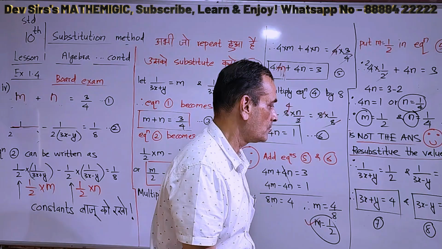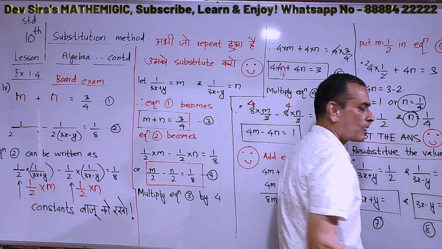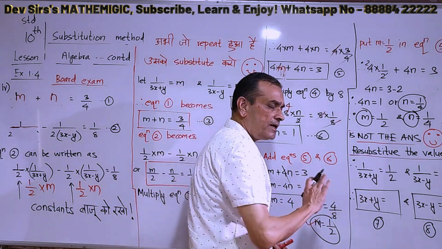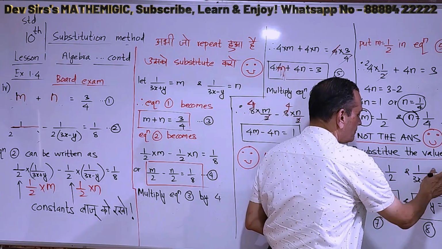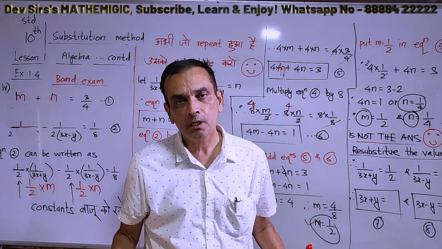Resubstituted rather. Now use invertendo. Invertendo means reciprocal लेना है. When in both the terms you have 1 upon and 1 upon, उसको invert करना है. Ratio proportion.